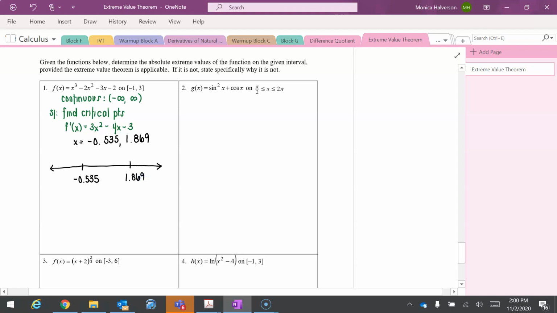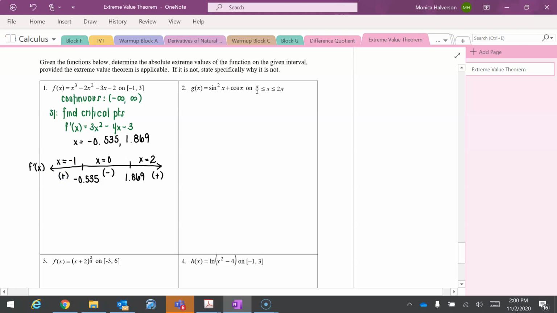Okay, so when I plug in a value into the first derivative, between -0.535 and 1.869, so I'm going to do x equals 0, I'm going to get a negative value. When I plug in x equals 2, I'm going to get a positive value. And when I plug in x equals -1, I'm going to get a positive value.